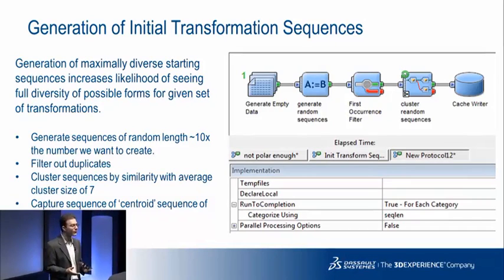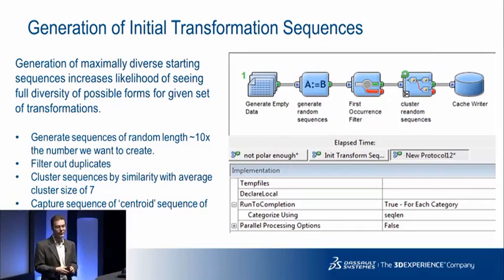And then we use a clustering algorithm to find the centroids of the vector space where these randomly dropped points are in this high-dimensional space, so that we cover as much of that space as possible with this first 1,000 images, accessing as many different kinds of images as possible. So we cluster them with an average cluster size of 7, and we output only the centroids of the clusters, and this becomes our initial set of images that we're going to work from.